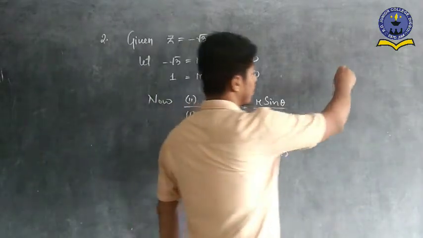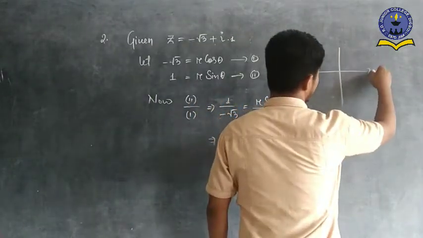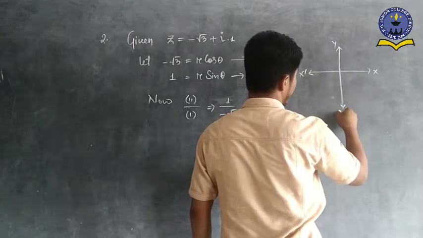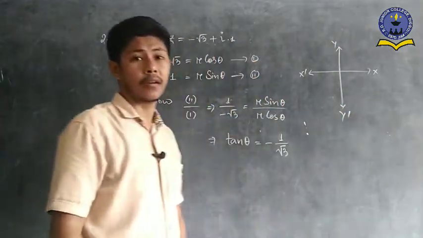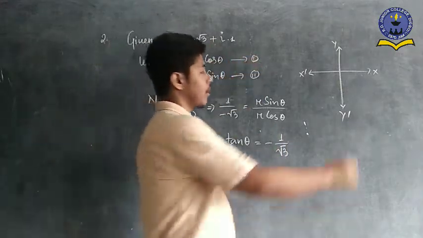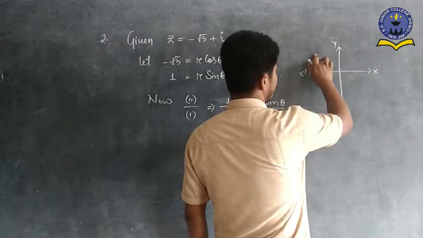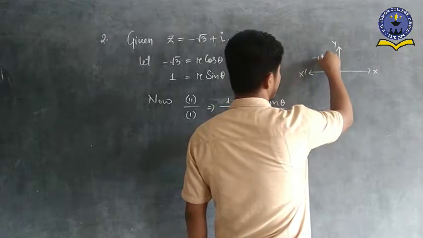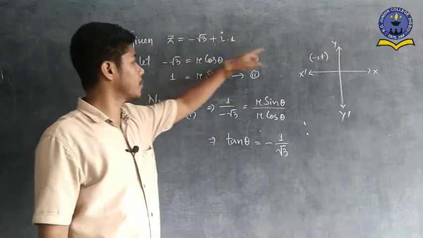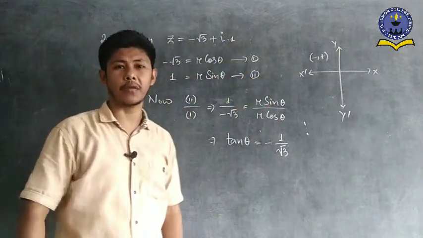Suppose this is x, here x dash, this is y, and here y dash. Clear? So the negative, positive ordered pair lies in the second quadrant.